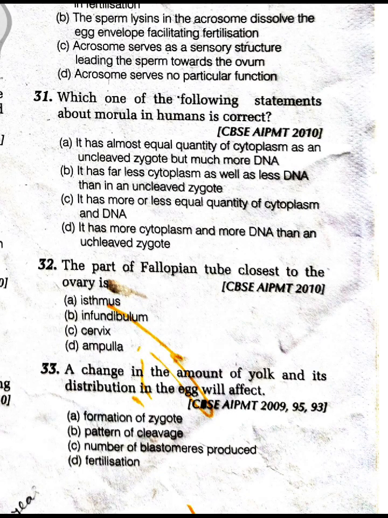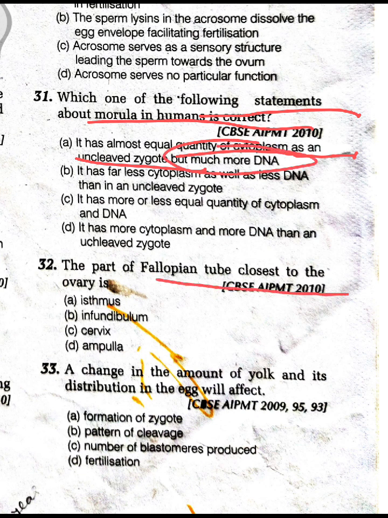Which one of the following statements about morula in human is correct? So it is option number A. It has almost equal quantity of cytoplasm as an uncleaved zygote but much more DNA. Next, the part of fallopian tube closest to the ovary is the infundibulum. Option number B is the right answer.